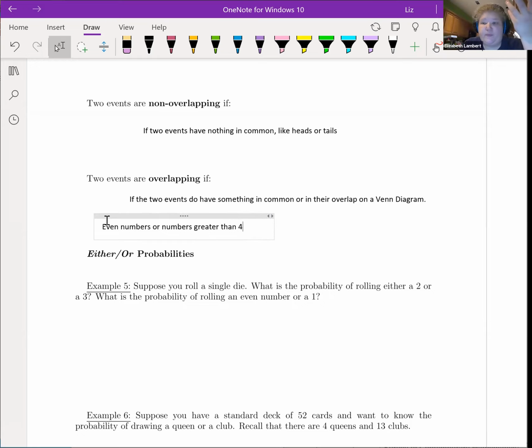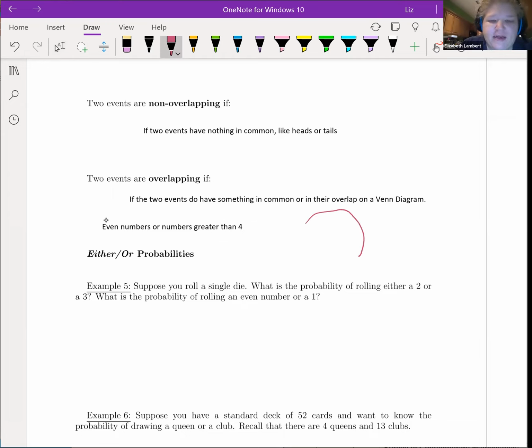All right. So I know even numbers for a die roll only has a certain set. Numbers greater than 4 only has a small set. But the question is, is there a number in both sets? Now, I know you guys could just tick it out and count how many things there are, but when it starts to get bigger, understanding how the bigger mechanic works is important.